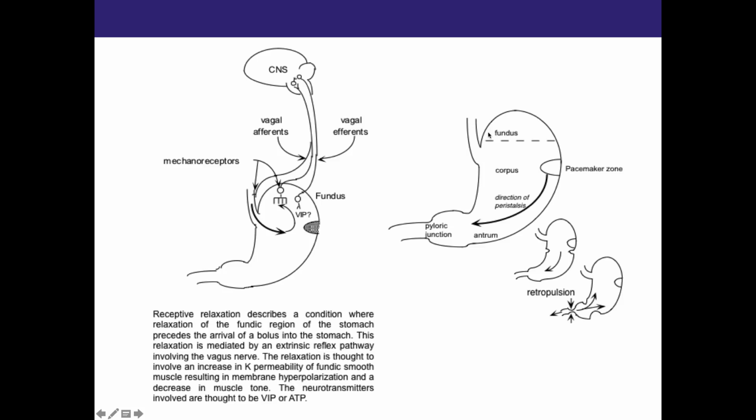A lot of times it occurs initially right here when the food is in the esophagus. It's all mediated through the vagus nerve, an extrinsic reflex pathway. You don't need to know the details. Just know that it relaxes the fundus.